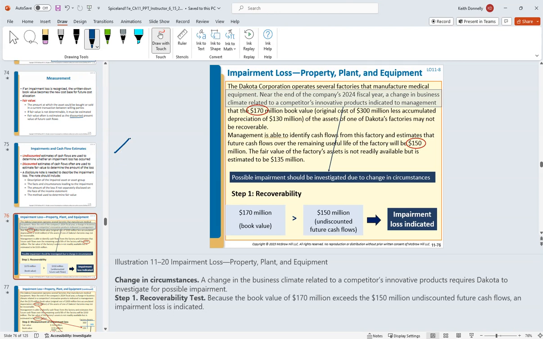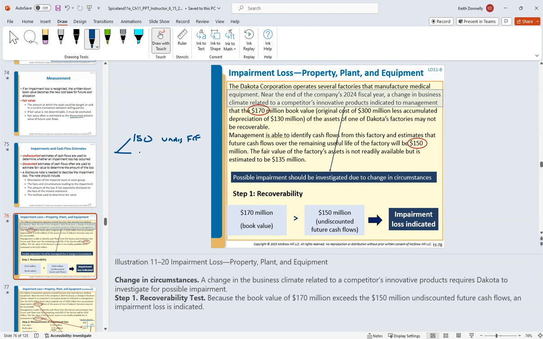So we've got step 1 where we're comparing the undiscounted future cash flows. In this case we've got $150 in undiscounted future cash flows, and we have a net book value in this case of 170.